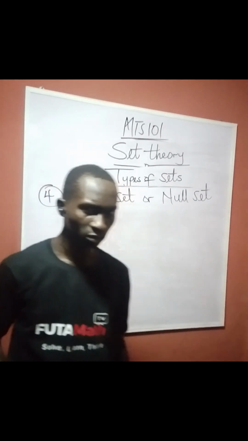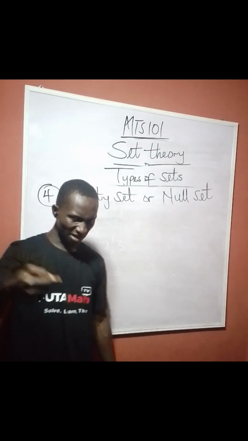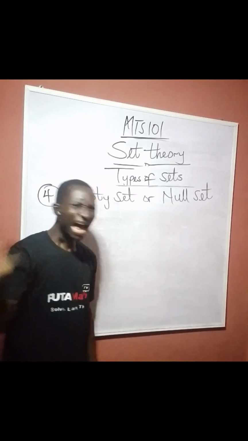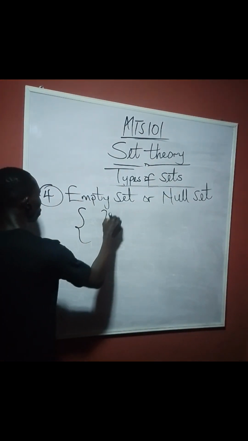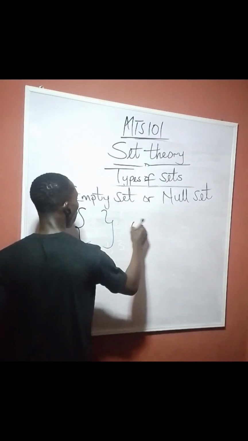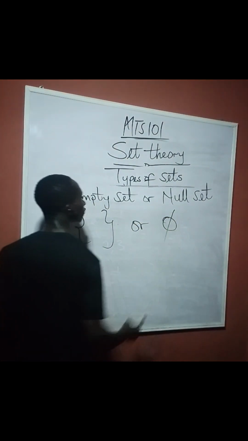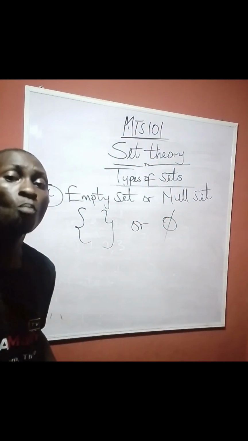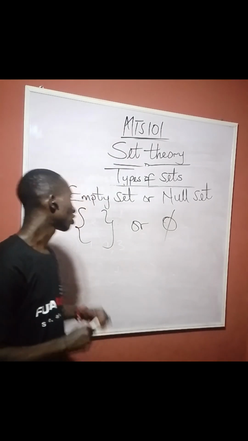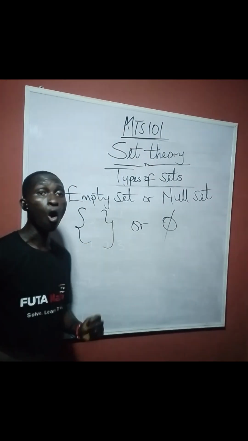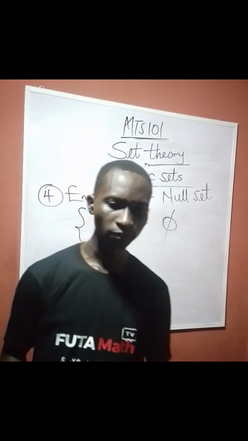It has no element. It's not that its element is 0. No. It has no element and it is denoted by this symbol. Just write a curly bracket or you use this. A set that has no member in it or that contains no member, we call that an empty set or a null set.